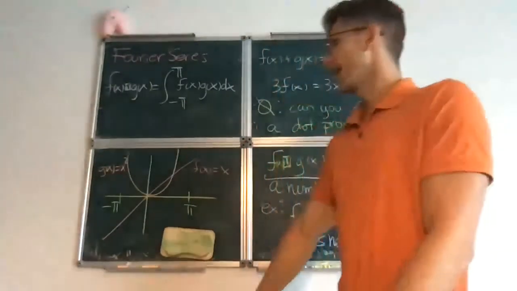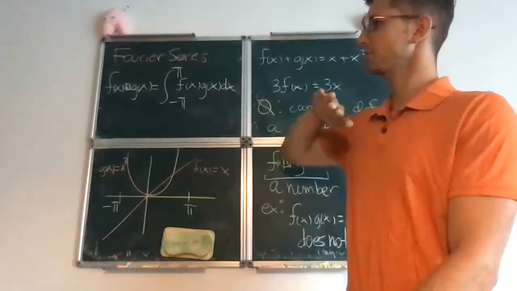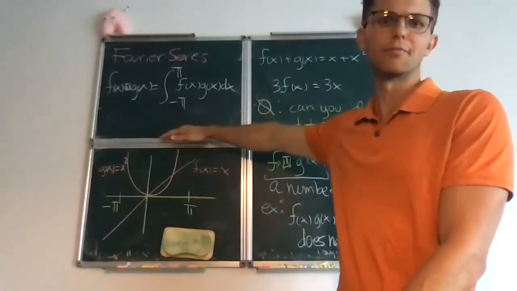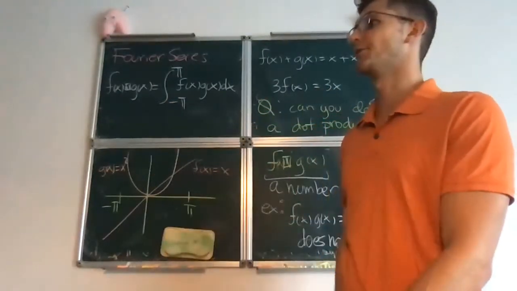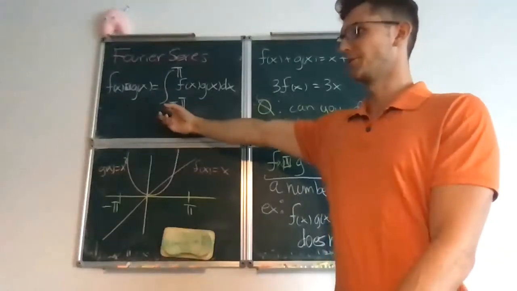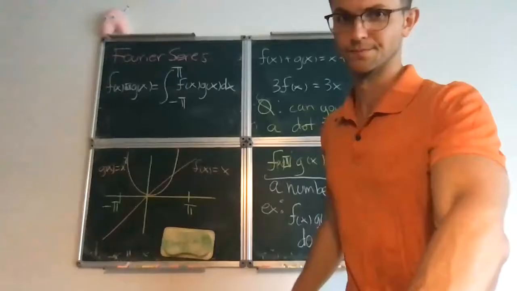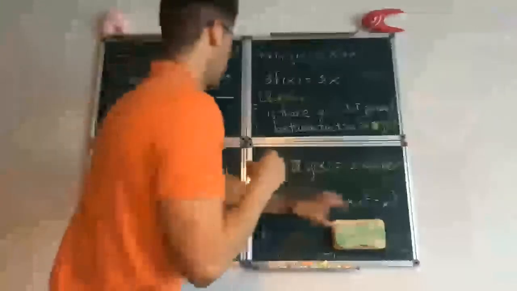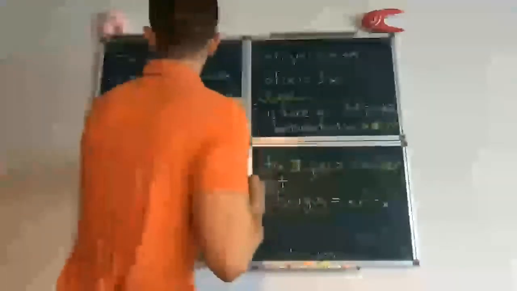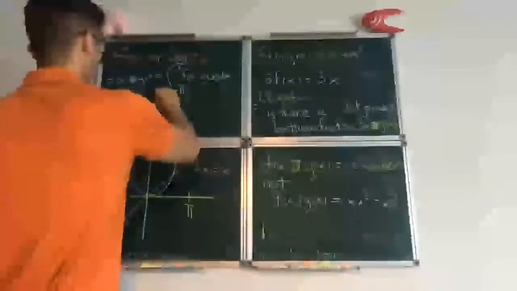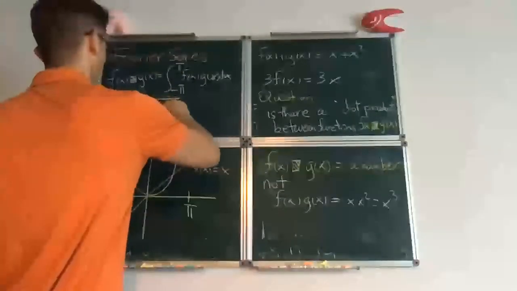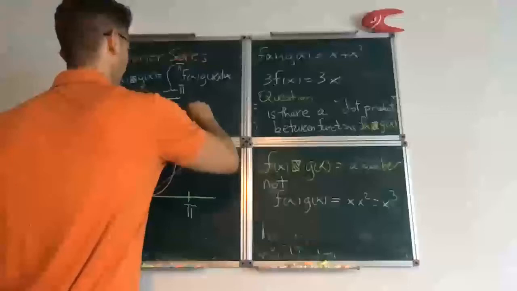Okay, and well, I will let you keep watching the rest of the video to see what happens, but you can use this to define a norm of a function. It would be something like this.